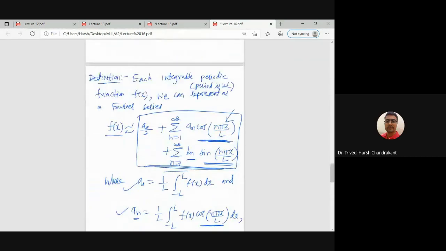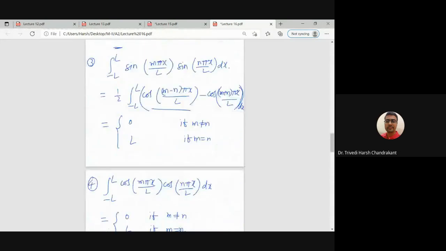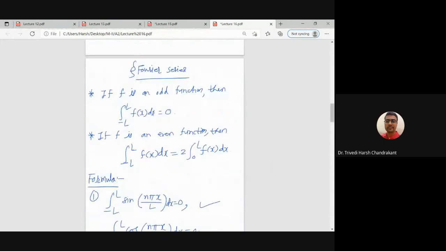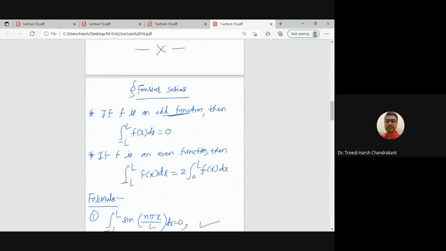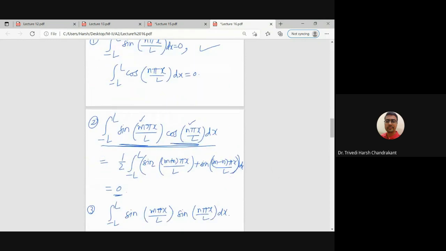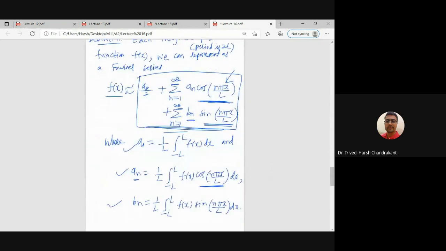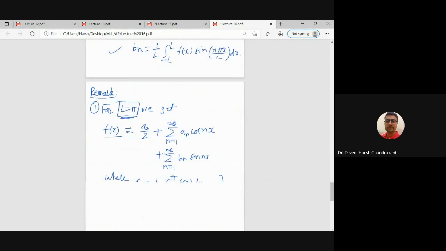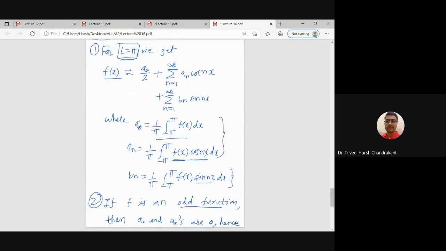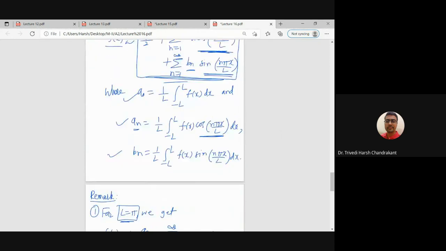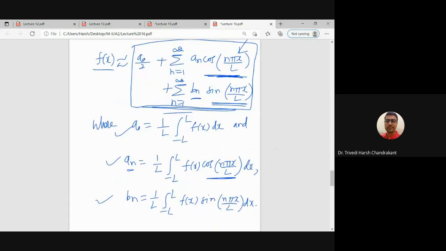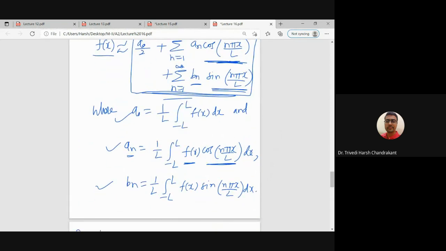We have observed the property of odd functions, that whenever we have an odd function, such integrals over a symmetric interval will be 0. So in this series, whenever f is an odd function, we know that cosine is an even function.